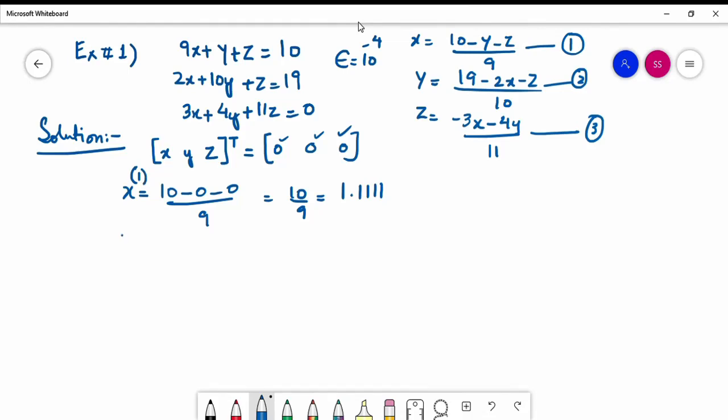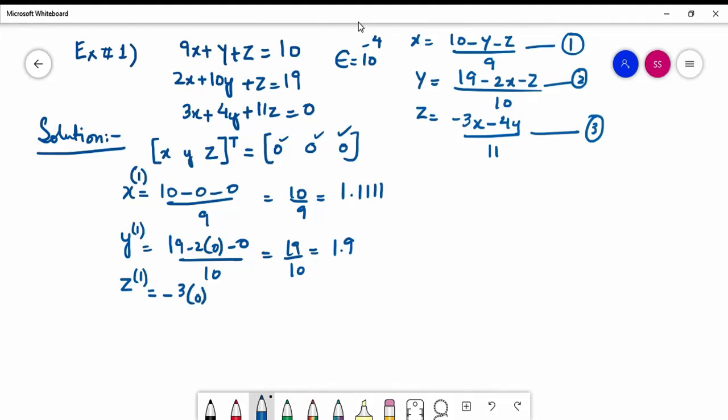Also for the first iteration, y is 19 minus 2 into 0 minus 0 divided by 10, so 19 divided by 10 is 1.9. And z to the power 1 is 0 minus 3 into 0 minus 4 into 0 divided by 11, which is 0. So now your values are modified: 1.1111, 1.9 and 0.